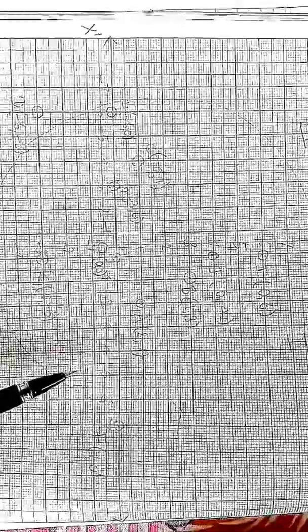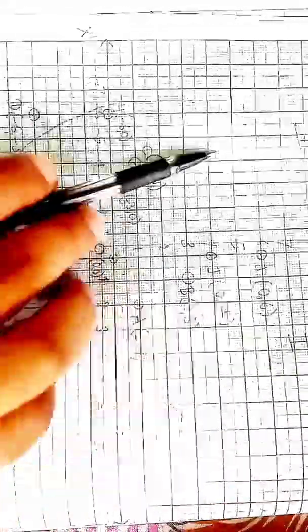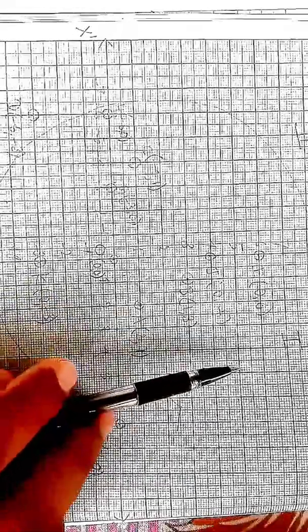We may see that this plane has two mutually perpendicular lines. This is x-axis, horizontal line, this is y-axis, vertical line. We have four equal parts and they have fixed names.